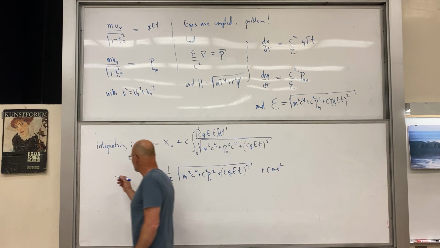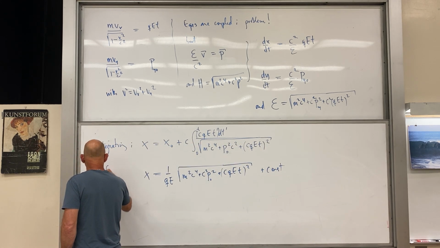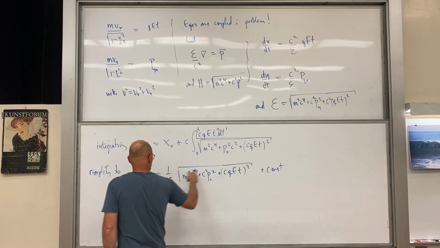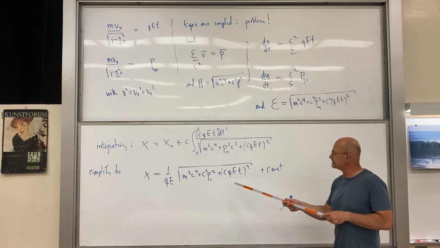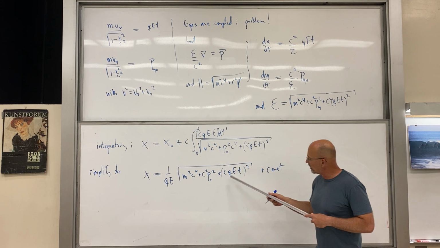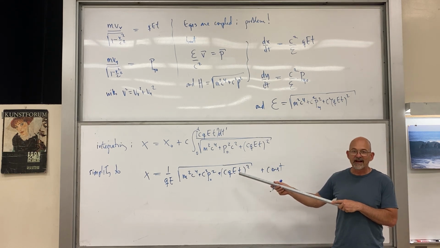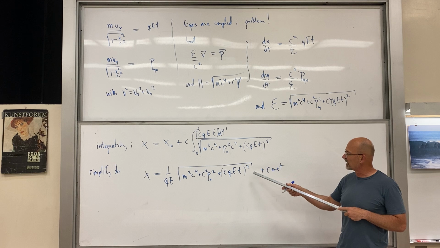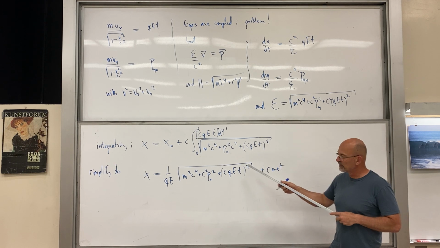So I'll just write here, simplifies to this thing here, and we can do the same analysis we did before. Without these constants, the small time analysis we can't actually do, but it doesn't matter, we did it already.